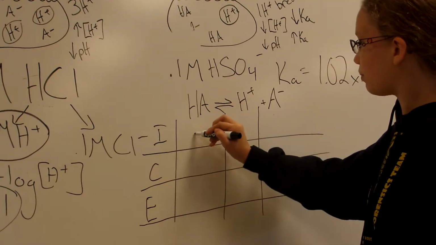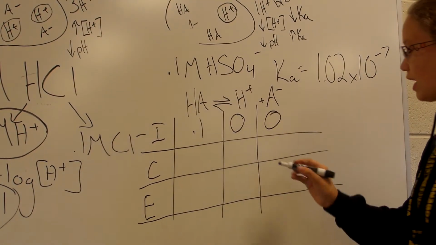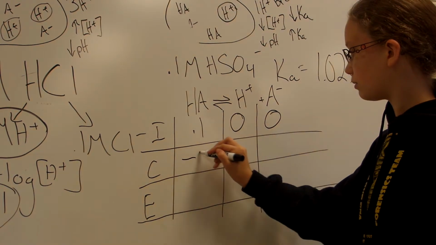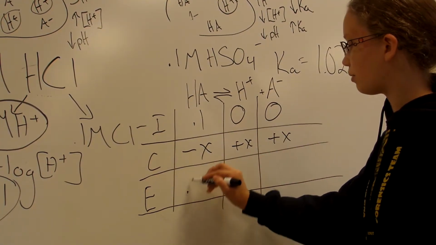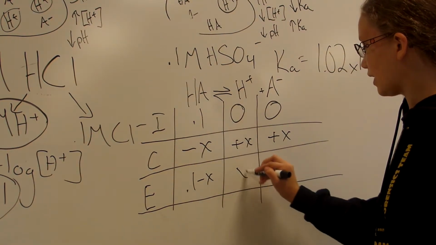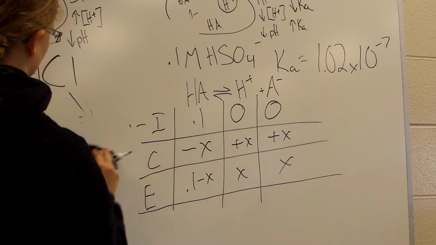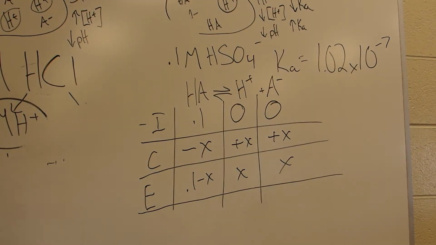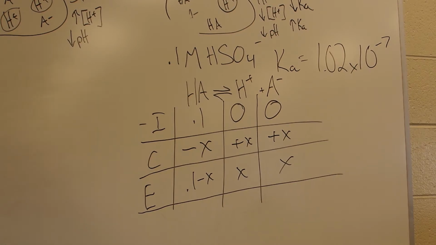So we start with 0.1 molar HA, no H plus, and no A minus. So then we're going to subtract x, add x, and we're going to end up with 0.1 minus x, x, and x. So then we're going to write out our K expression.